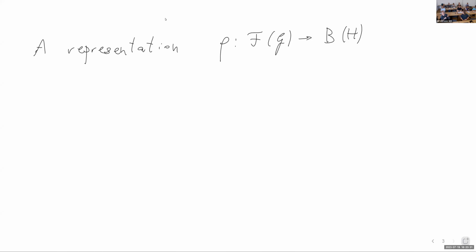So let me write this down here. So let's say a representation of the pre-star algebra. The last line on the previous slide was about this SOT interpretation to be in representations.